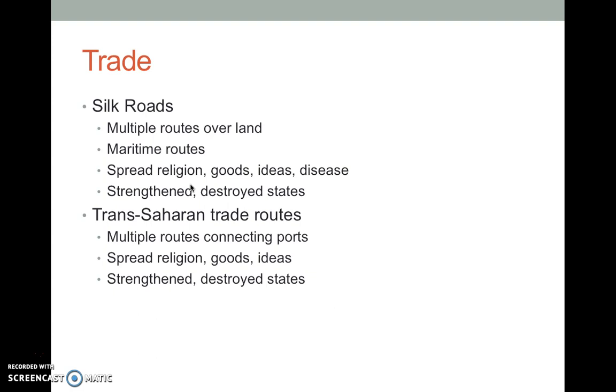The maritime routes, while more convoluted, sometimes would be safer because you would not have to go through quite so many different kingdoms. And these merchant firms that connected together to create this trade spread goods and oftentimes ideas. Inadvertently, we've seen examples of the spread of disease, including catastrophic disease.